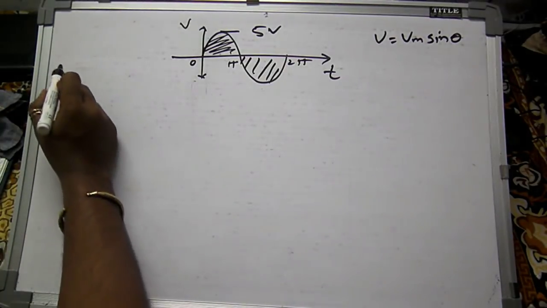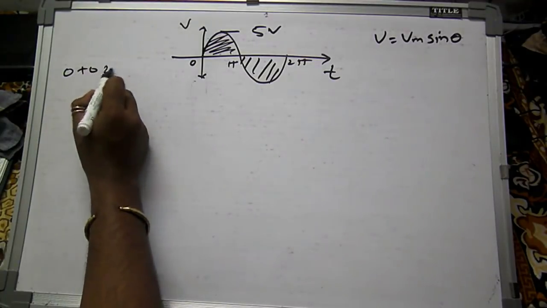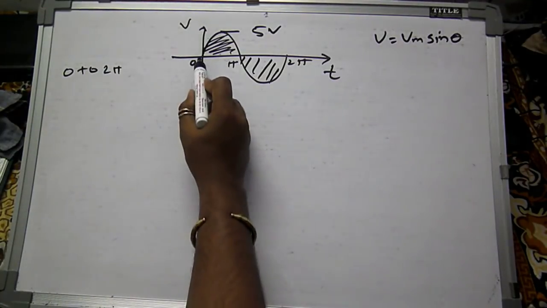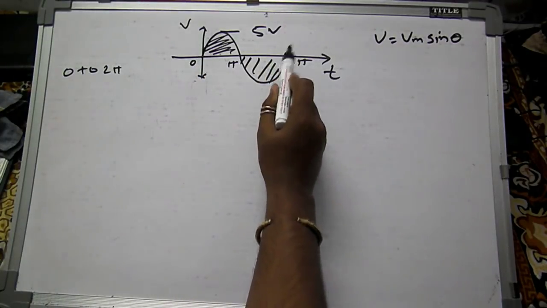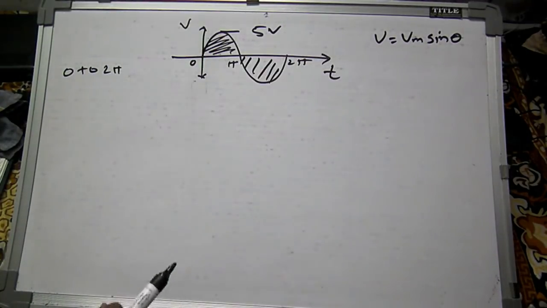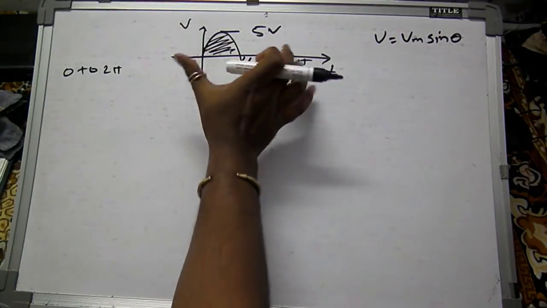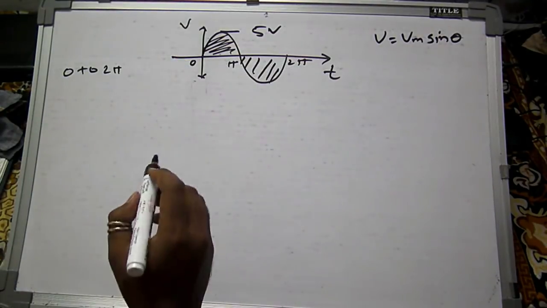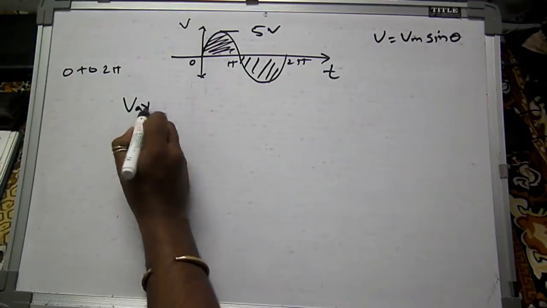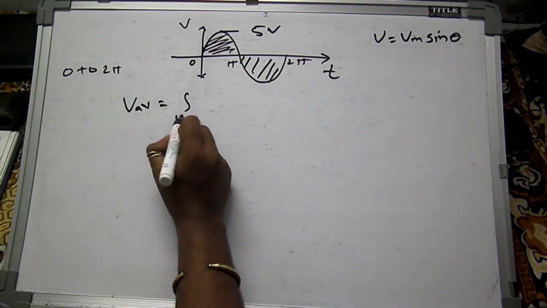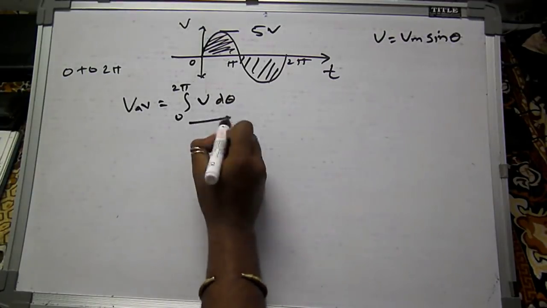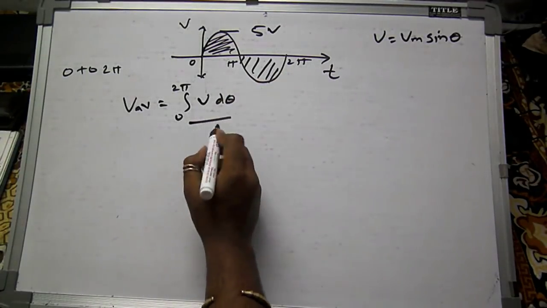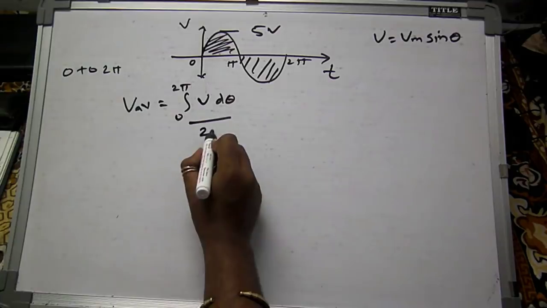Suppose limits are from 0 to 2 pi, meaning we are calculating for a time interval of 0 to 2 pi. We are taking this full wave. First we took the half wave, now we are taking the full wave. So V average will be the integral from 0 to 2 pi of v d theta divided by the time, which is 0 to 2 pi.